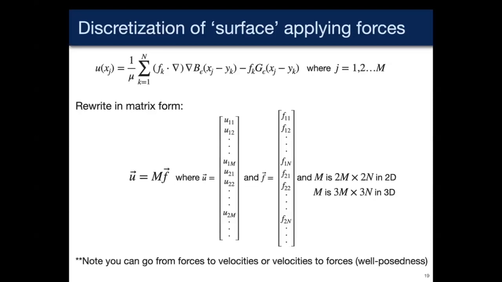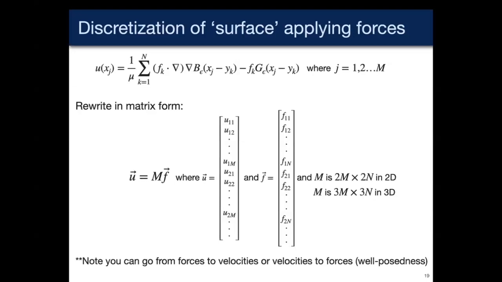I attempted to write it in 2D with a little bit of ... for 3D. So I wrote it with my first component of my velocity and then my second component of my velocity. And my first component of the forces and the second component of the forces. You can write it in whatever order you want, of course, but this is how the code is written.